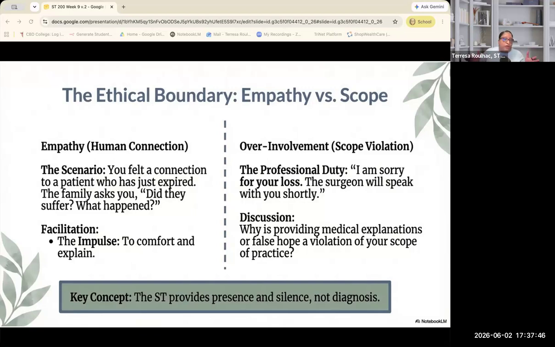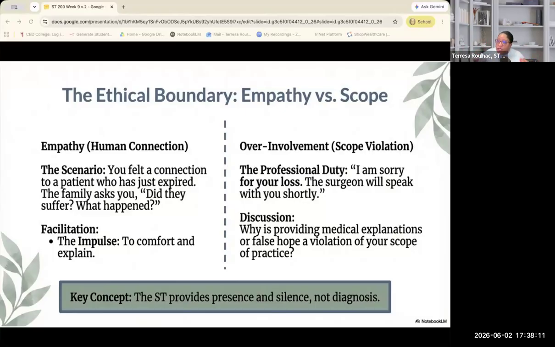Even in that brief 2 to 5 minute walk from the operating room back to the holding area, you're there with the family. A lot of times we are definitely with the surgeon, side by side across from each other in the operating room, in the thick of it. But we still stay in our lane, stay in our scope.